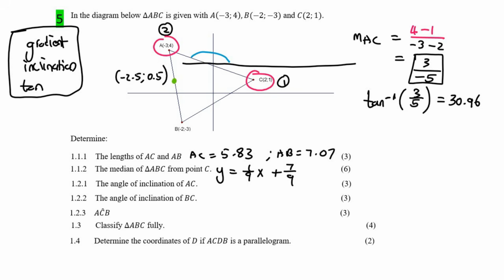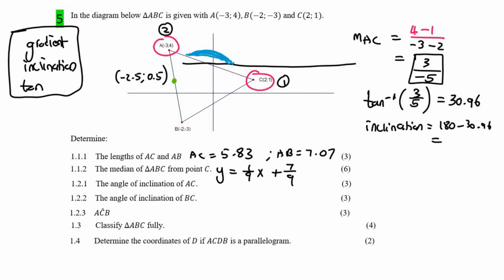But now, to find the inclination angle, it's going to be 180 minus that. So you say 180 minus 30.96. And you can see that this angle is quite a big angle. It's a large angle.